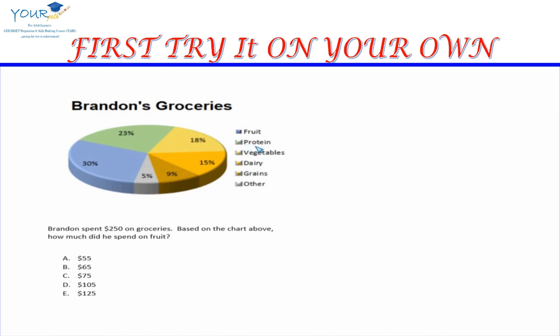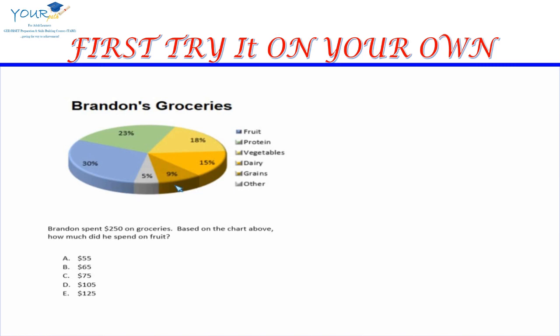Protein, indicated by green, is 23%. Vegetables, a lighter yellow, are 18%, dairy, a golden yellow, is 15%, grain is 9%, and then we have other at 5%, indicated by gray. All of these percentages add up to 100%.